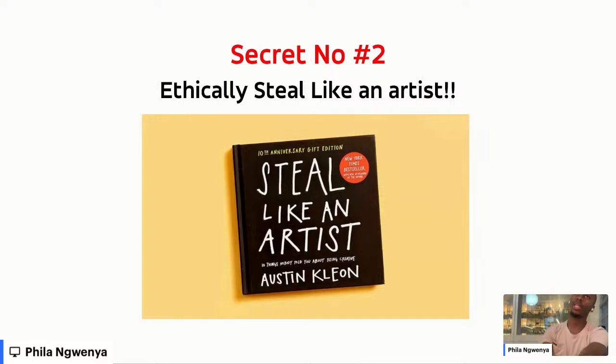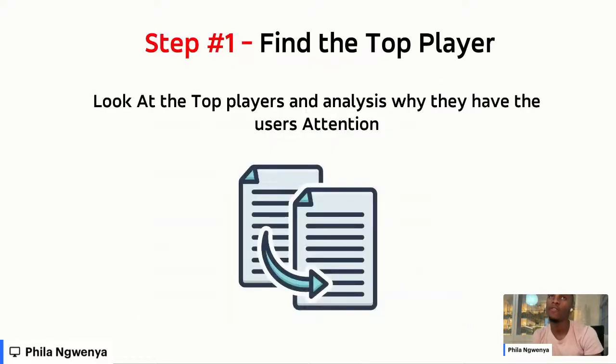So secret number two is how to ethically feel like an artist. This will be your antidote even if you're not creative, if you can ethically feel like an artist, not illegally feel like one, but ethically. The way to do this is to find a top player in your industry.